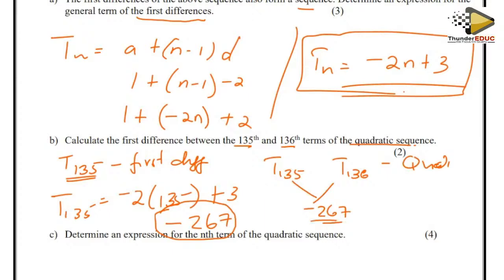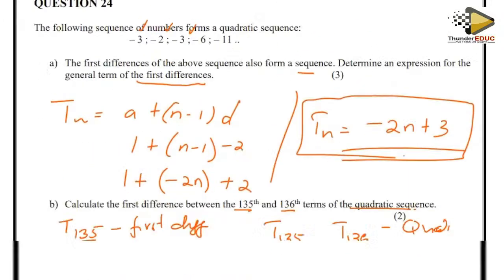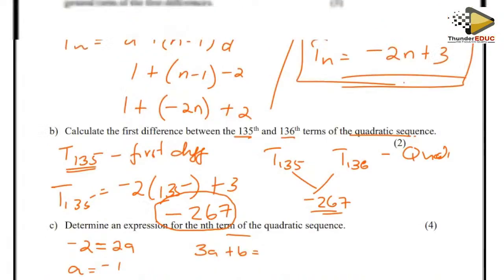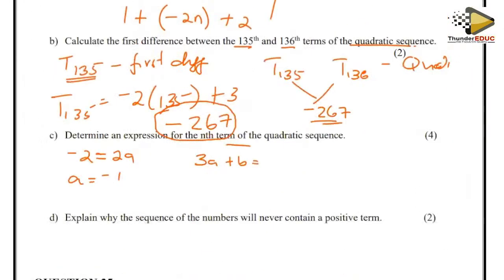Okay, and then determine an expression for the nth term, the general term. So we have -2n, and then a is -1, and 3a plus b. What was the first difference? It's a 1. So 3 times -1 plus b is 1, which means b is 4.